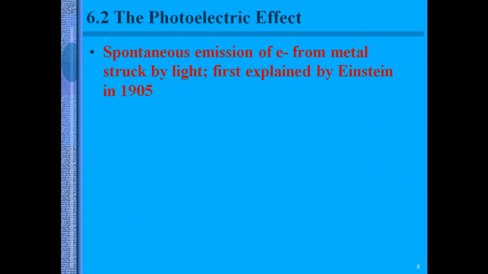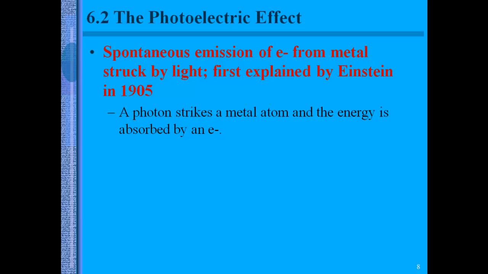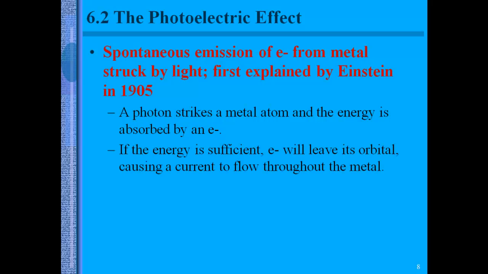The photoelectric effect is the spontaneous emission of electrons from metal struck by light. Einstein first explained this in 1905. A photon strikes a metal atom and the energy is absorbed by an electron. If the energy is sufficient, the electron will leave its orbital, causing a current to flow through the metal.